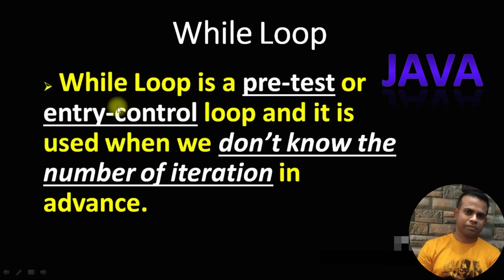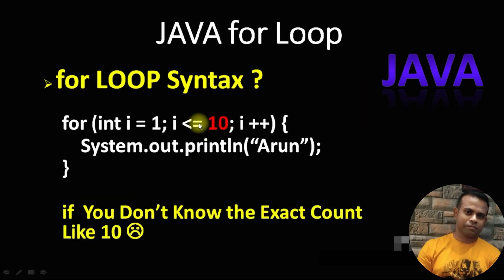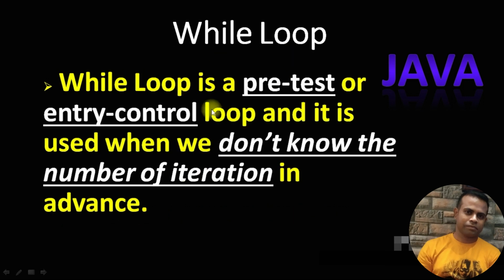If we take the definition of while loop, it says that while loop is a pretest or entry control loop, and it is used when we don't know the number of iterations in advance. What does it mean? Just check this underlined sentence: don't know the number of iterations. Here we know the count would be 10, but if you don't know the exact count, then you can use a while loop.